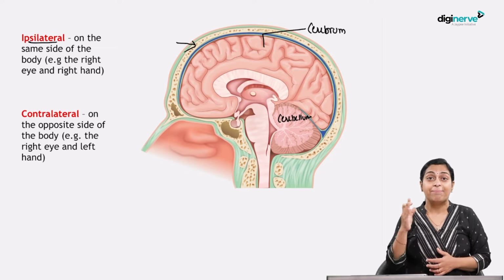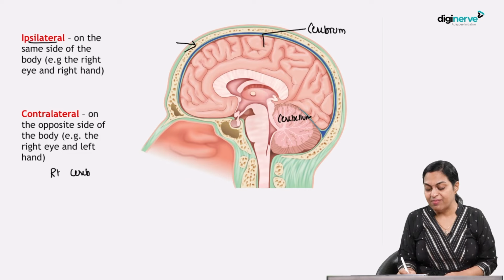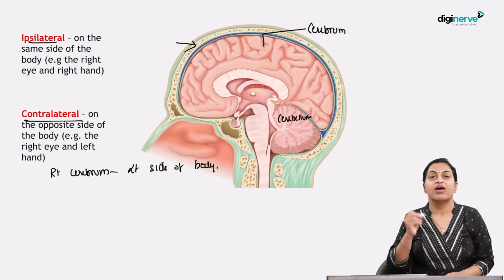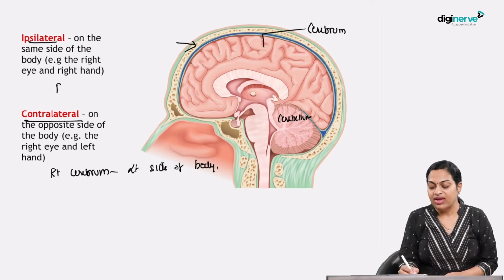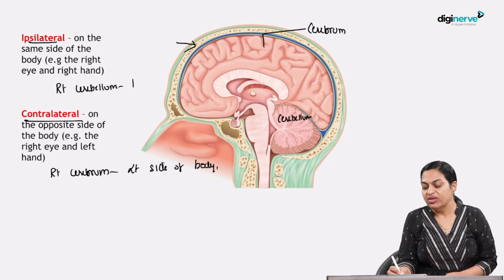The right cerebrum has control over the left side of the body. This is called contralateral. The right cerebellum has control over the right side of the body.